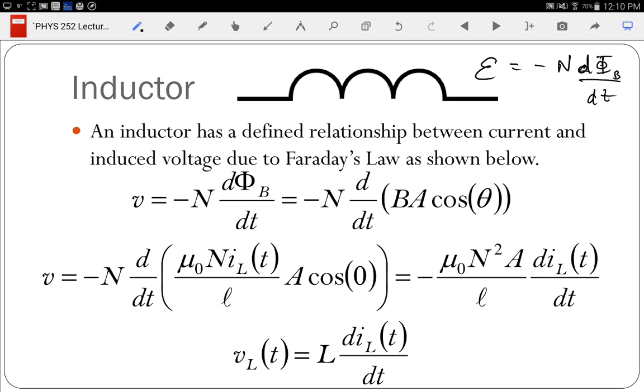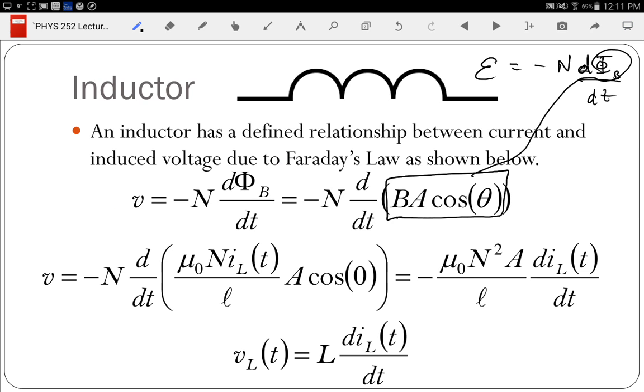And the magnetic flux is going to be B dot A, or B times A times cosine of the angle between the two. So here I simply replaced the magnetic flux with BA cosine of theta. So that's just Faraday's law of induction. In fact, this first line is Faraday's law of induction.